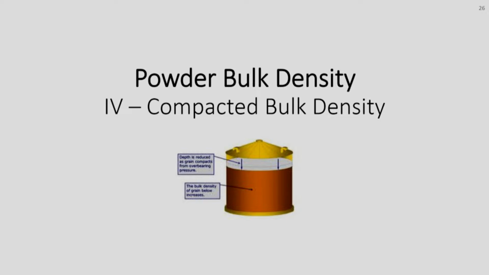What happens, due to the weight of the sample above it, it compresses the sample, and the density is also changing, right? So the bulk material may not have the same density at the top and the bottom. At the bottom the density might be high, at the top the density might be low. Okay, so that's what we characterize using compacted bulk density, and also for making tablets, compacts, etc. We use this approach.